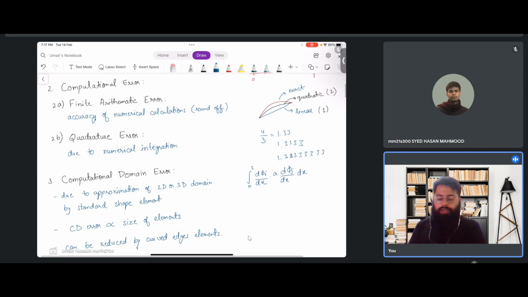It's some kind of integral coming in your weak form. It can be like this, what I've drawn here.